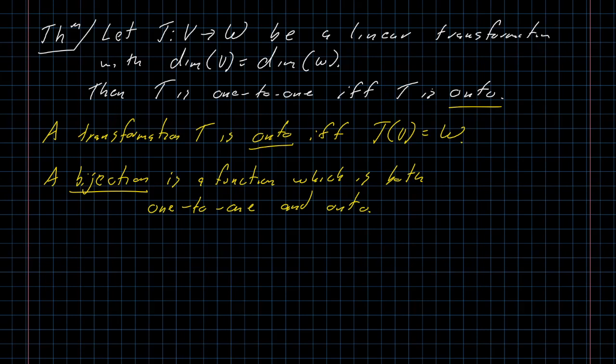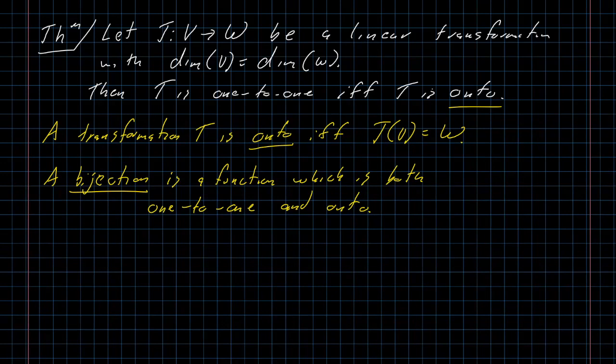A bijection is a function which is both one-to-one and onto. In general, outside of the realm of linear algebra, it is a bijection that you're going to care about when you're looking for something that has an inverse.